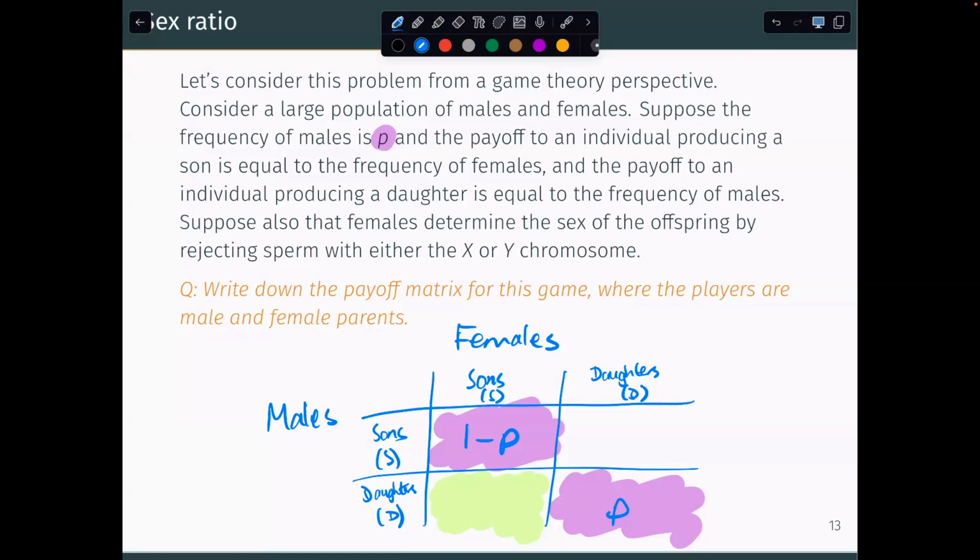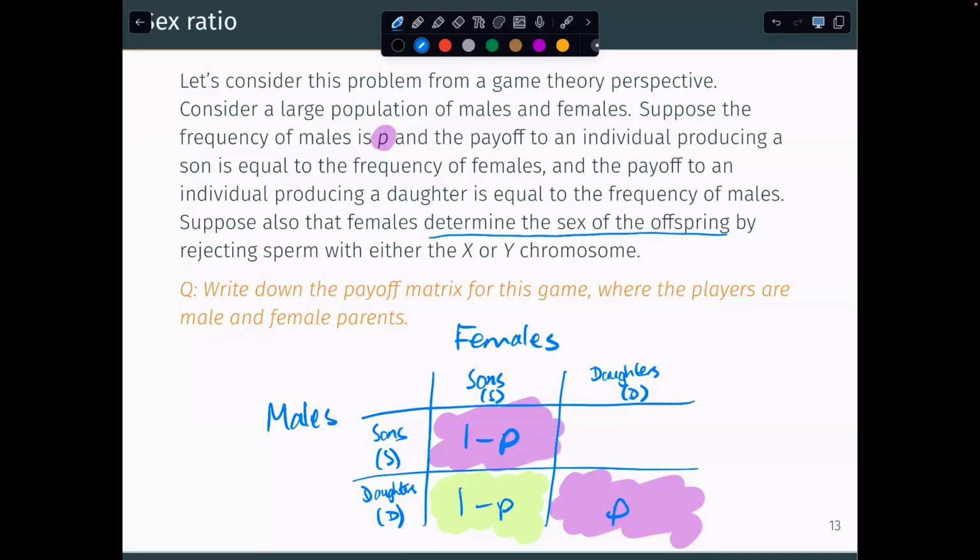But they're still producing sperm that have the Y chromosome. This is why it's a little bit tricky. This, in this case, is just 1 minus P. So the reason it's 1 minus P is because we're saying that females determine the sex of the offspring.